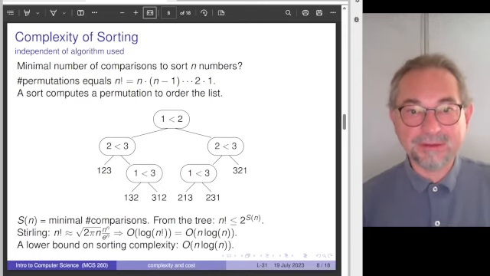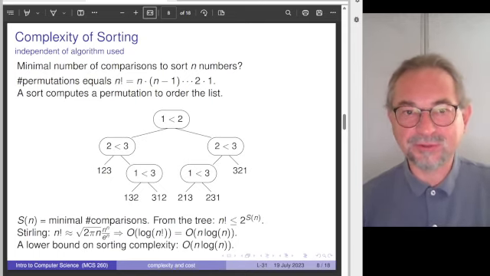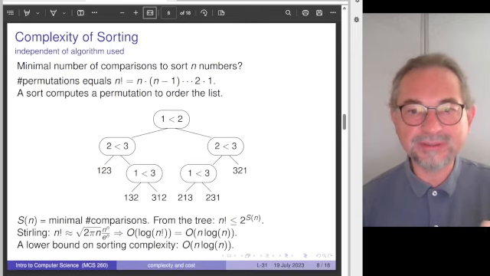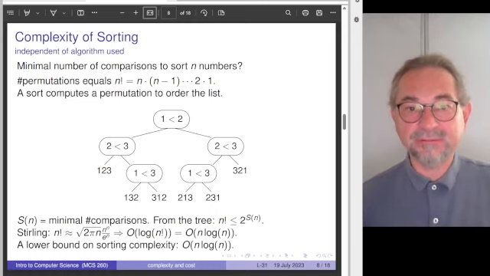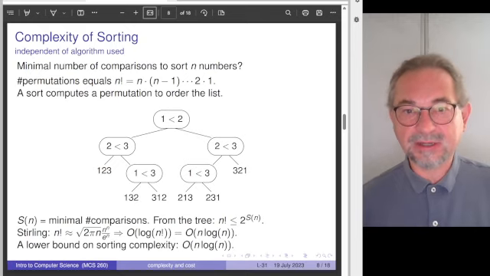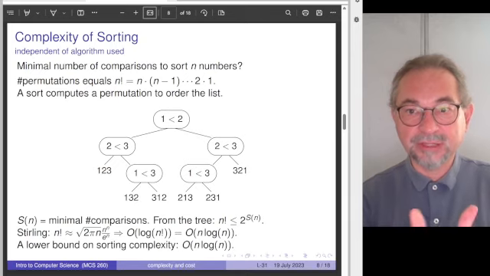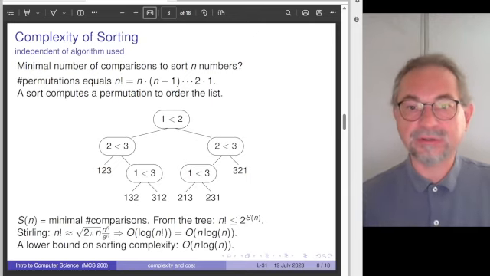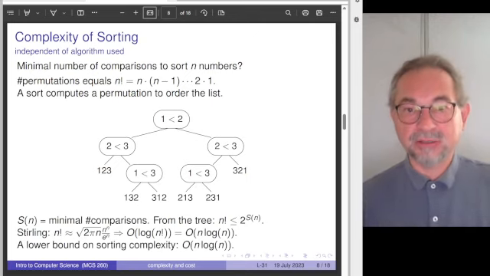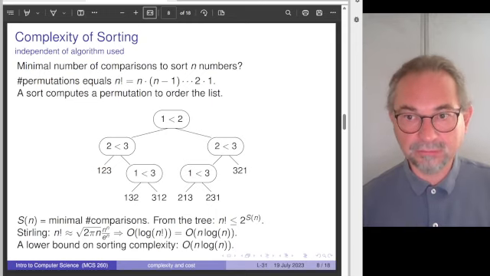Sorting is extremely important. With this slide, I want to give the intuition for the n log n. What are the kind of inputs you can expect? Well, if you have n numbers, then the number of different input sequences, assuming that all the numbers in the sequence are different from each other, is n factorial.